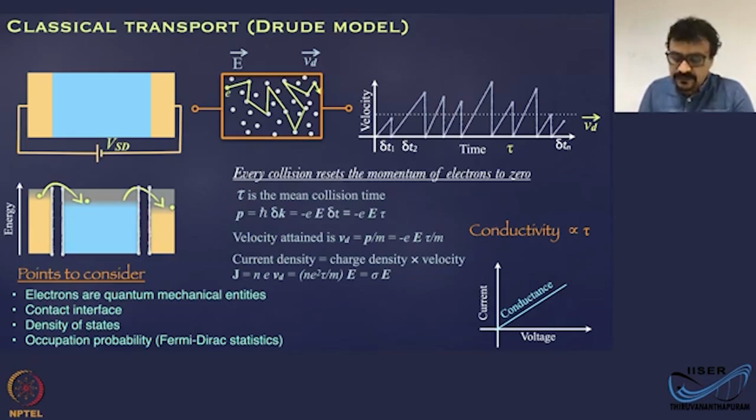Here, the electrons are treated as the molecules of an ideal gas, and the statistics that these particles or these electrons obey are Maxwell-Boltzmann statistics. So what we have is an MB statistics.